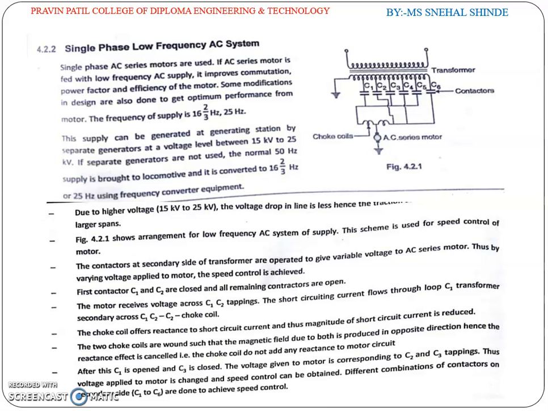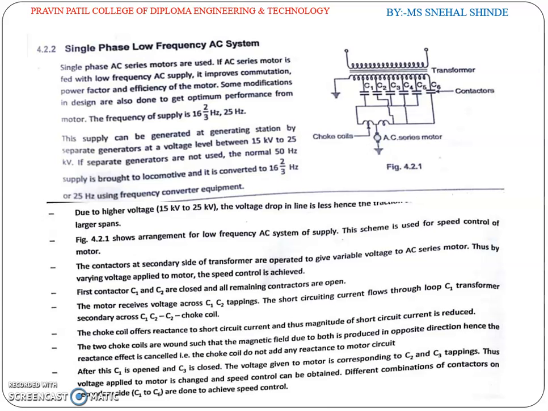This scheme is used for the speed control of the motor. So the contactors at secondary side of the transformer are operated to give variable voltage to the AC series motor. Thus, by varying voltage applied to the motor, the speed control is achieved.